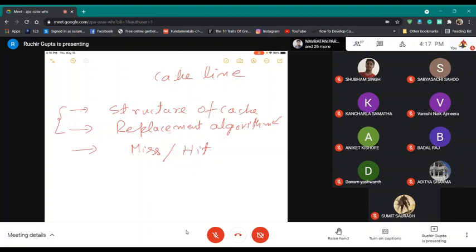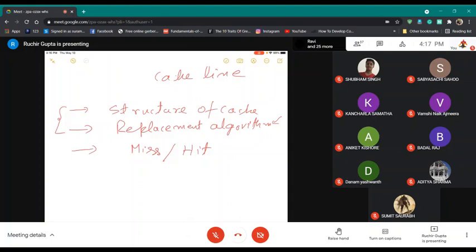When a miss happens, you will figure out that this is not available in the cache. You will go to main memory, figure out the block where that particular information is, and bring the block into the cache memory. If the cache memory is not full, it is empty, it's fine, you will bring it in.